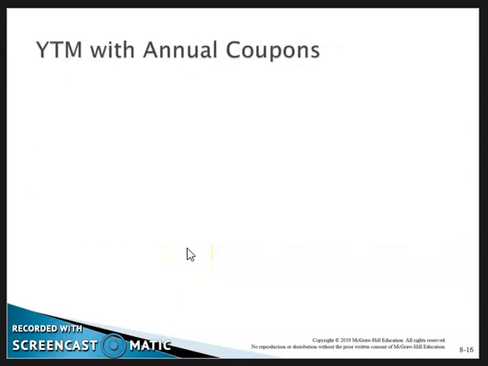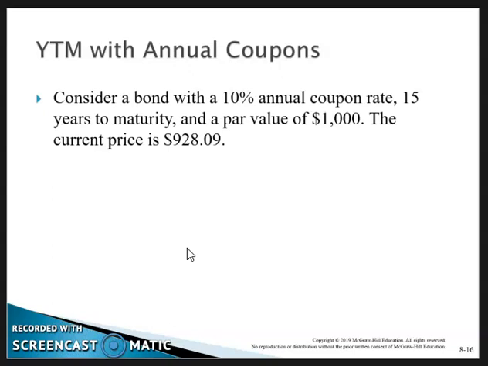The first example here is with annual coupons. So, a 10% bond with an annual coupon rate and 15 years to maturity and a par value of 1,000. The current price is $928.09.